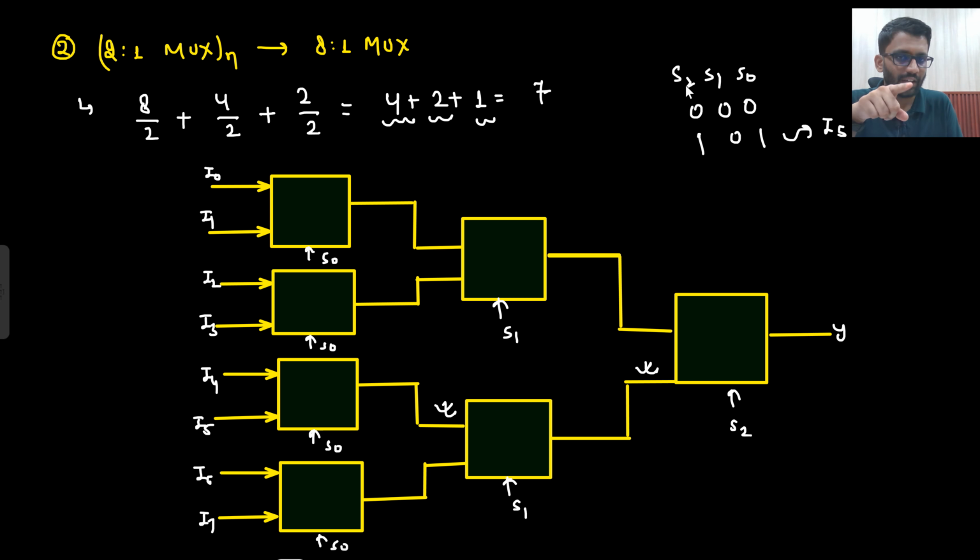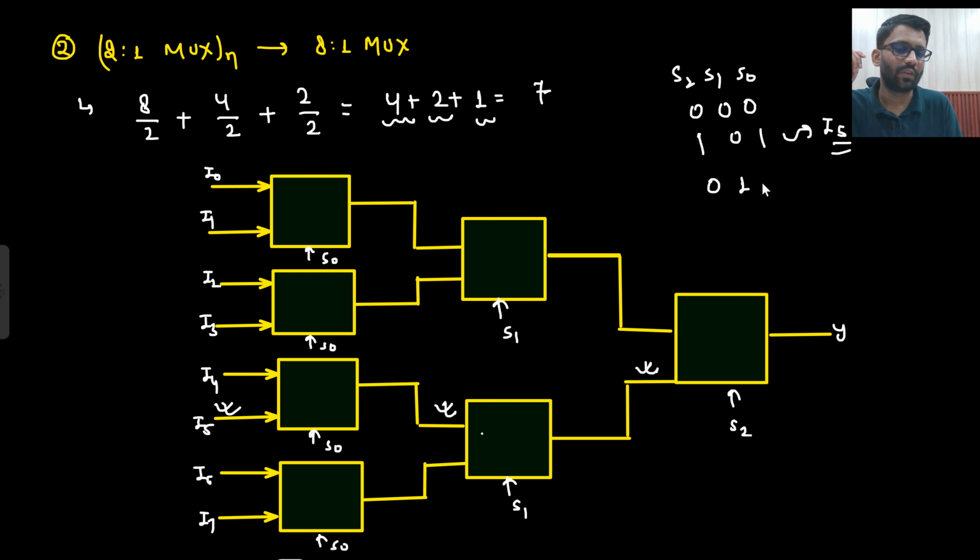If S1 is 0, you will get this output, and this output will come from this mux, so I will look at this mux only. Now S0 is 1. If S0 is 1, you get I5, so I5 will travel to the output. So our value is correct.